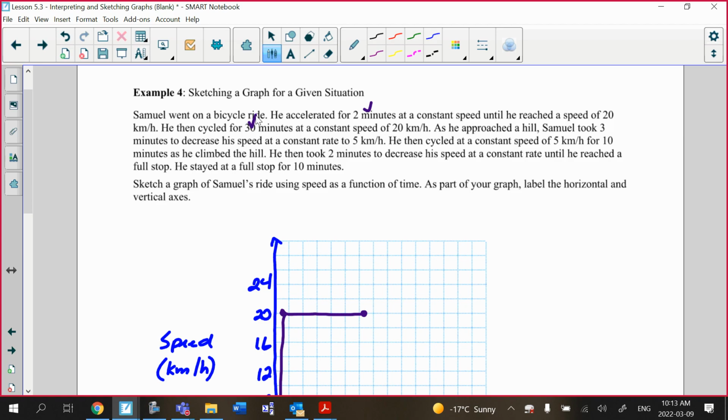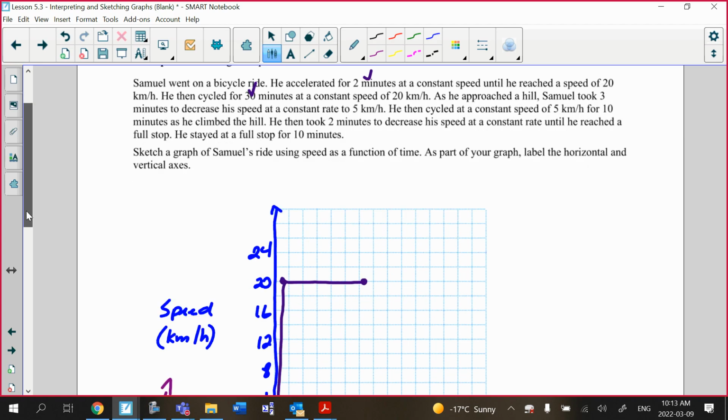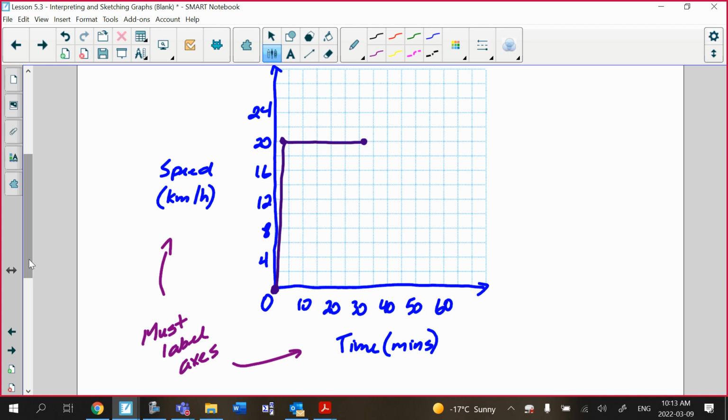Only 3 minutes. And now we're at the 35-minute mark. So we've taken care of the 3 minutes.